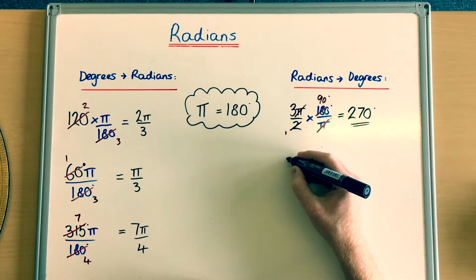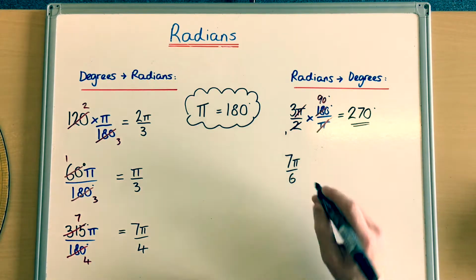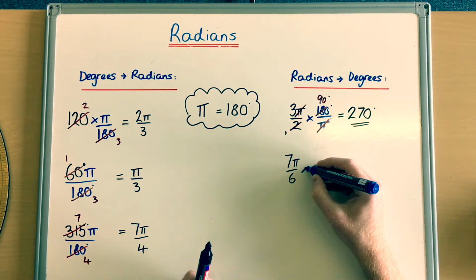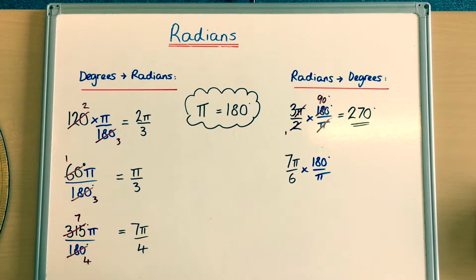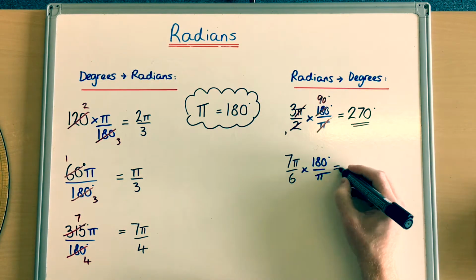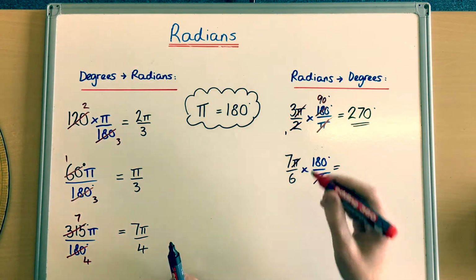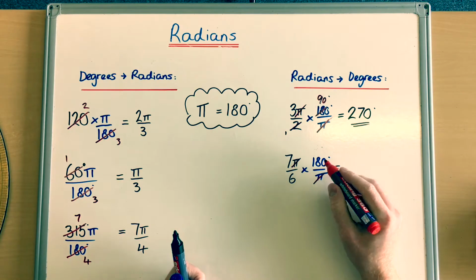Let's try 7 pi over 6. Same practice. We're going to multiply by 180 over pi. First of all, we'll cancel out the pi signs. Next thing we'll do is some cross cancelling.